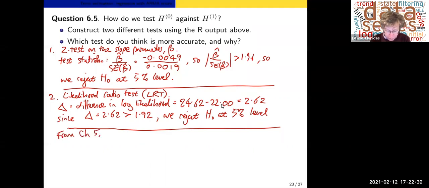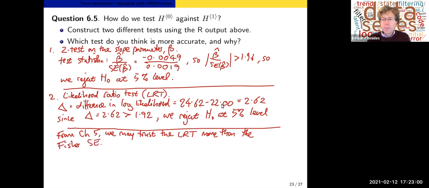From chapter 5, we may trust the likelihood ratio test more than the Fisher standard error. And you might even have to think, why is this a Fisher standard error?